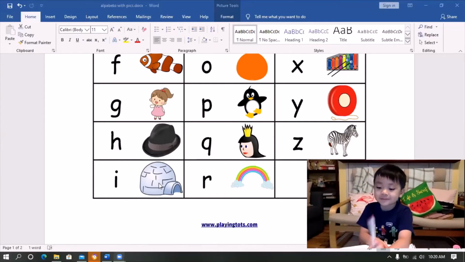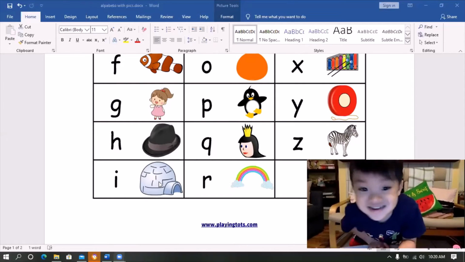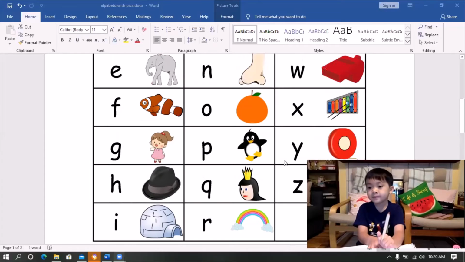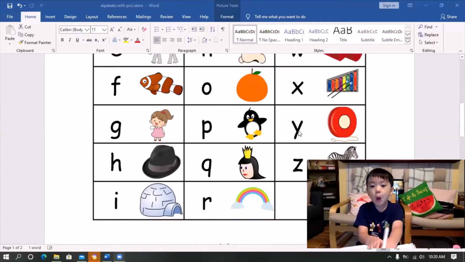What's the picture? I for igloo. Okay, what letter is this? Z for zebra.